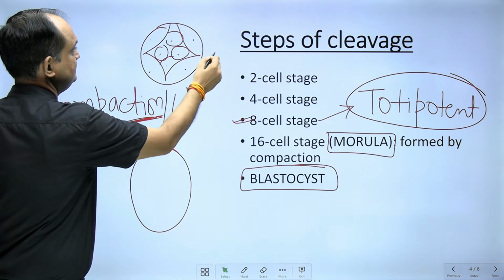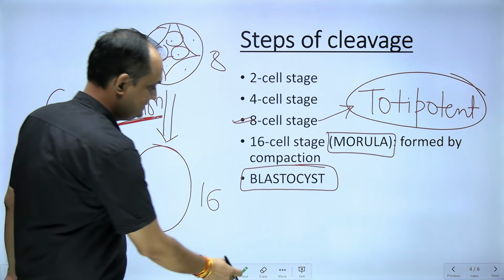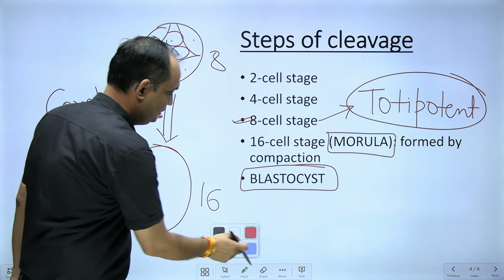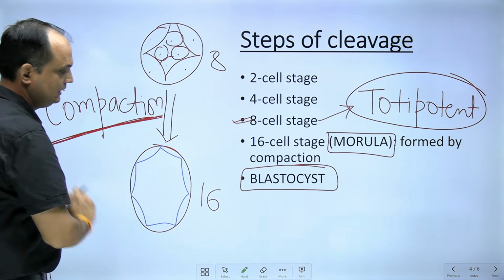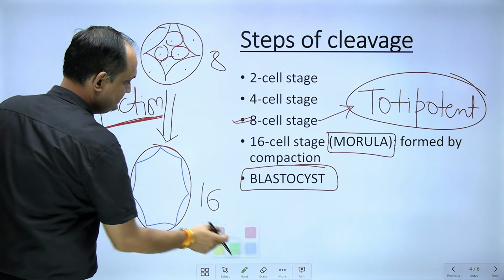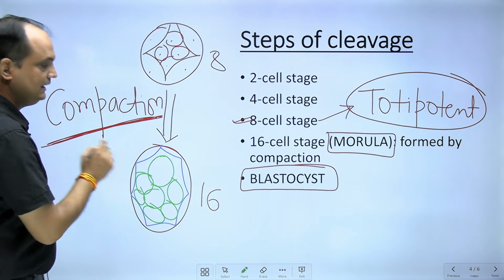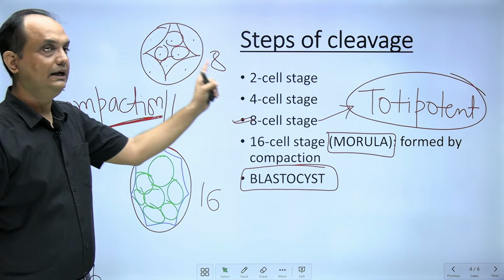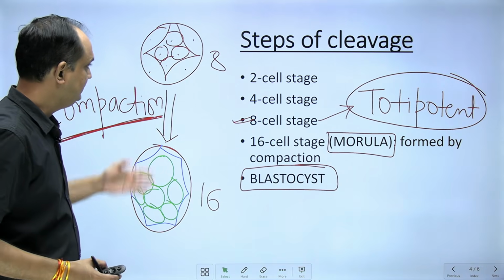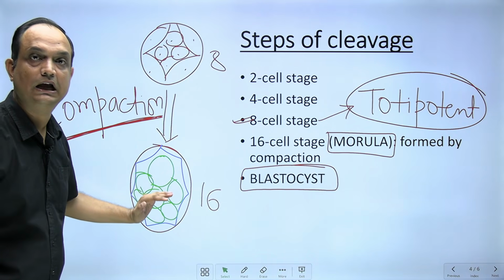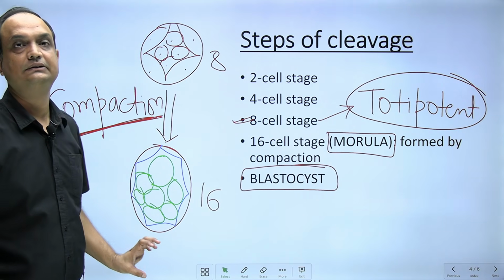In the next stage, you will have 16 cells, but these 16 cells will arrange themselves into two parts: one is known as the outer cell mass, and the other is known as the inner cell mass. In the 8 cell stage, there is nothing like an outer and inner cell mass, but in the 16 cell stage, you will have an arrangement of the cells into an outer cell mass and inner cell mass.